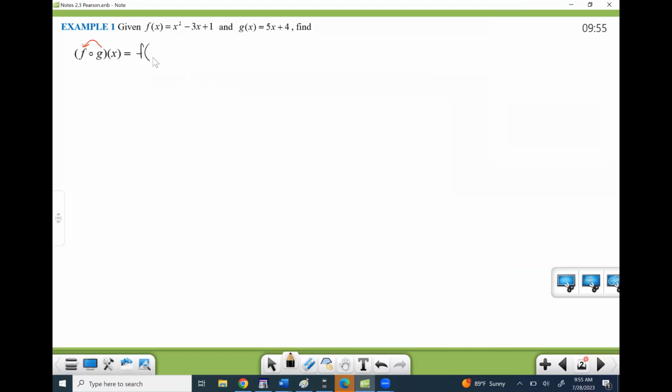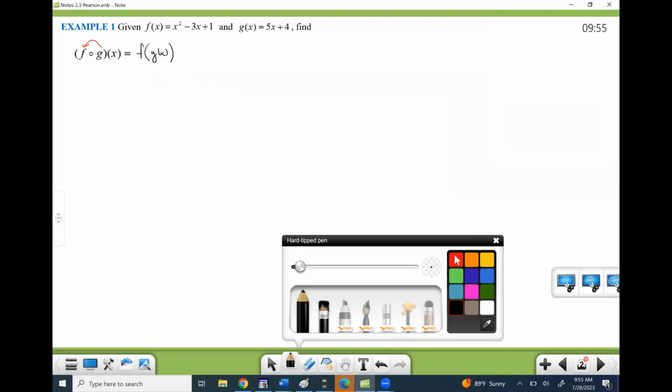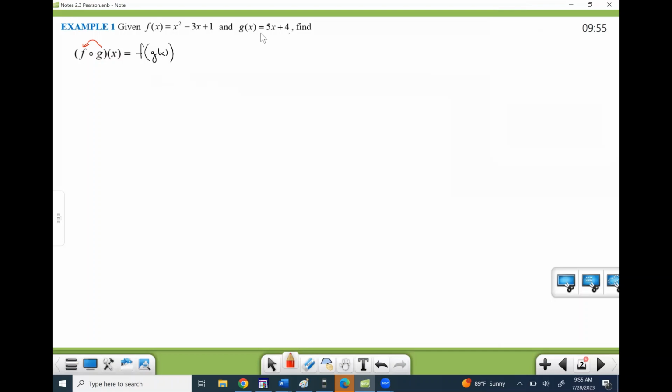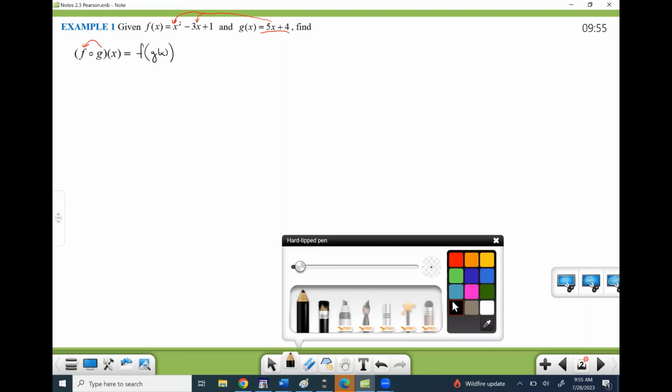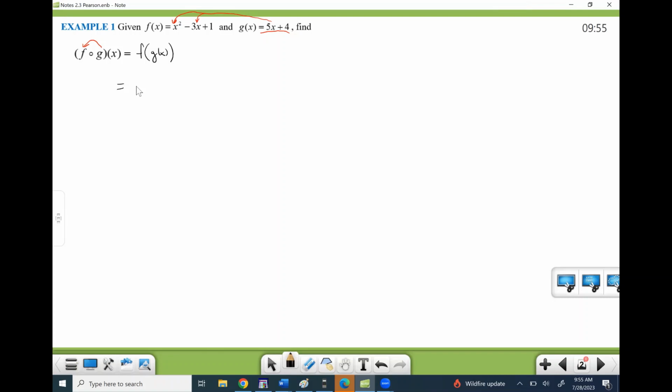This is f of x with g inside of it. We're going to take 5x plus 4 and substitute it in for the x's in f of x. You substitute the one function into the other function's x's.